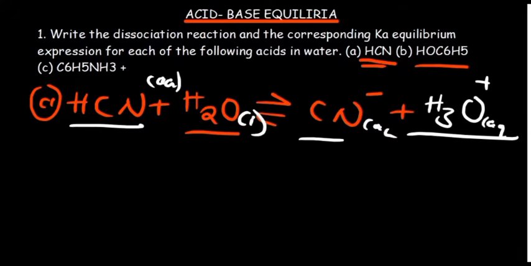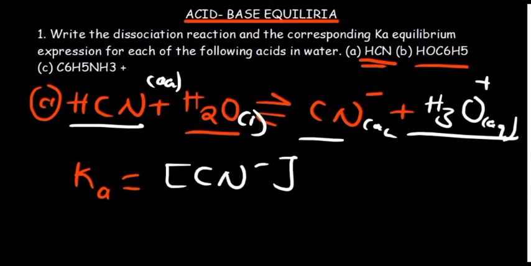From chemical equilibrium, we understand that the constant K, which in this case is Ka, is only dependent on the things that are in aqueous and gaseous state. So the water that is in liquid state is not going to be part of the expression. What are the products there? We have CN minus, then our hydronium ion as well.